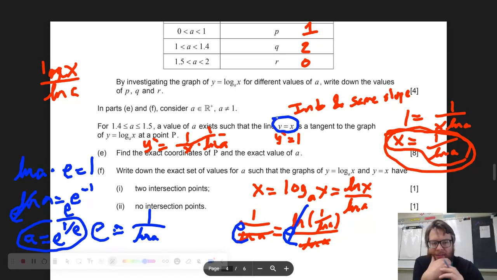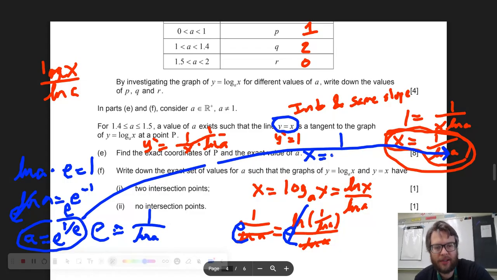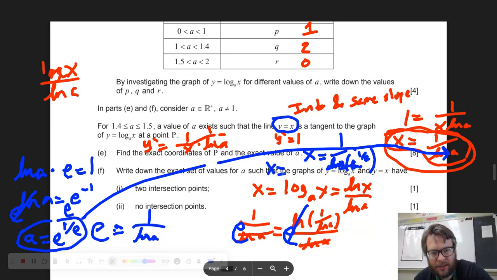So at that a value, we can just put it into this expression here and we'll have the x value, which is also equal to the y value because it's on the line y equals x. So we have x equals 1 over natural log of a, so that's e to the 1 over e, and the natural log cancels out the e, so you just end up with x equals e, which means that y does also.